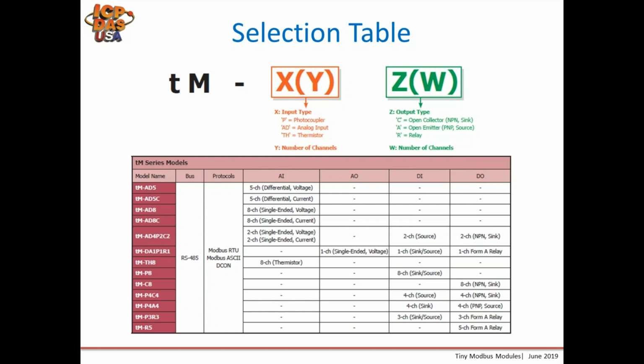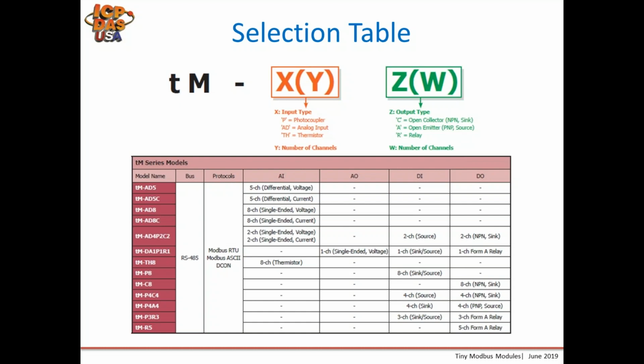It's in the table on the bottom and represented by DA instead of AD, and the output types are shown there as well. So again, these modules have different numbers of channels and types of channels. You need to pick the module which comes closest to the I/O count you want and the I/O types you want.